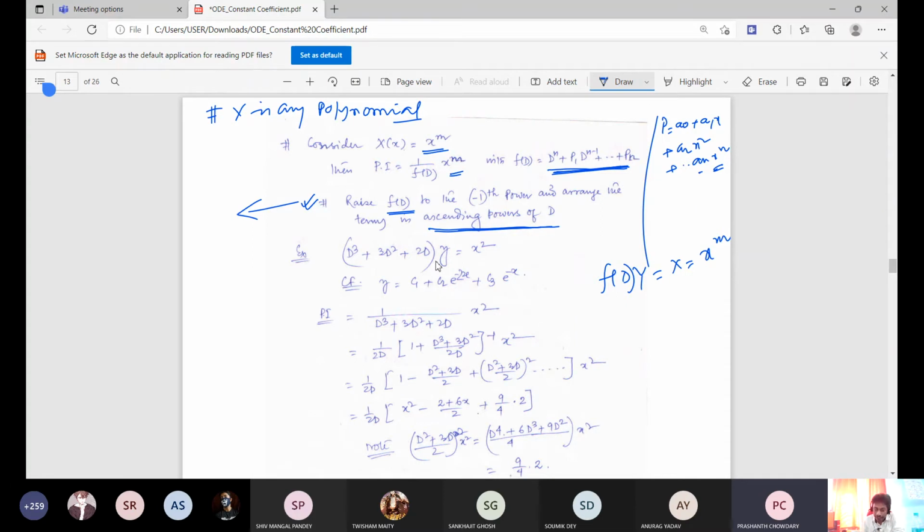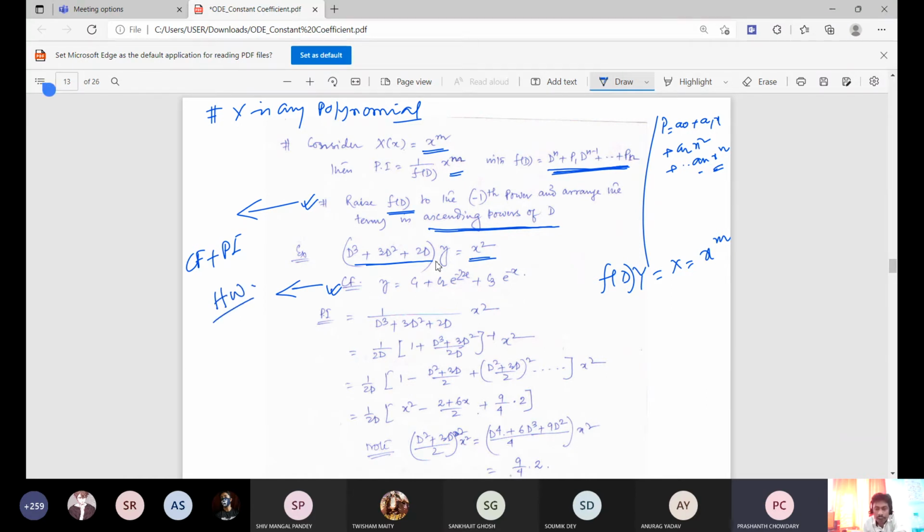So see here, the problem that I have considered, d cube plus 3d square plus 2d y is x square. The right hand side is x square, m is 2. Again, to find the general solution, you know the general solution will be CF plus PI. So CF I have directly written. Please verify it; this is your homework.